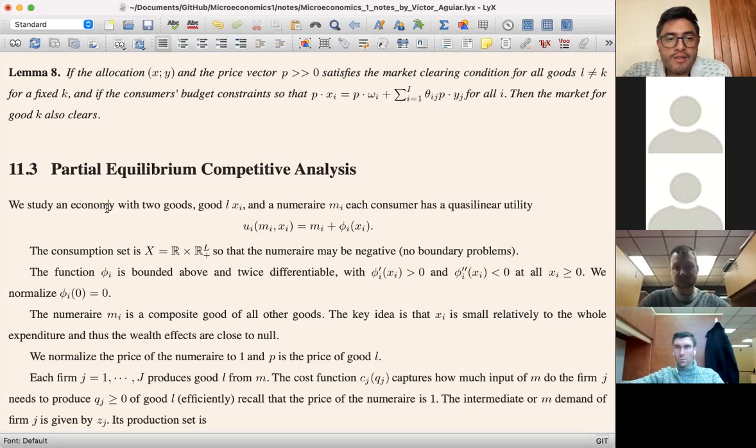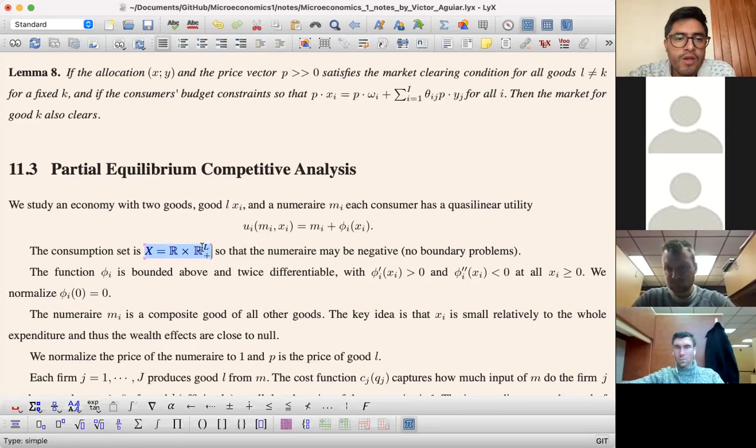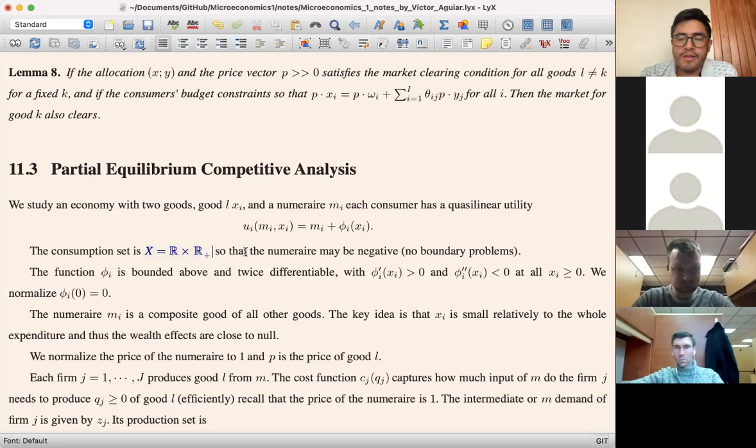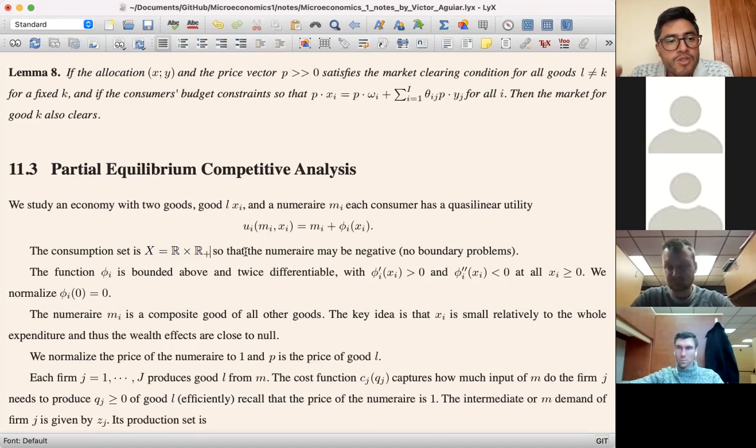Now, the consumption set is going to be, of course, something we could make very complex, right? But essentially here we are not going to have L goods right now. I just want to make it 2 goods. You're going to see that whatever we do here, we can of course make it high dimensional, but right now it's super simple. So the consumption set: the numeraire here is not restricted to be positive.